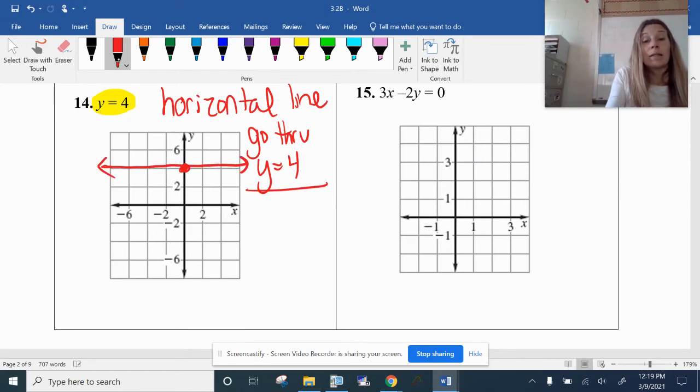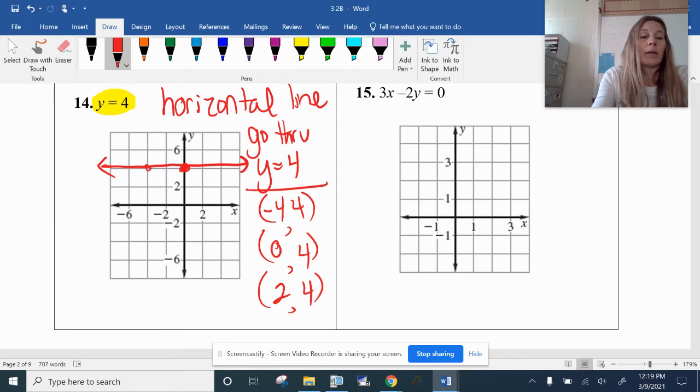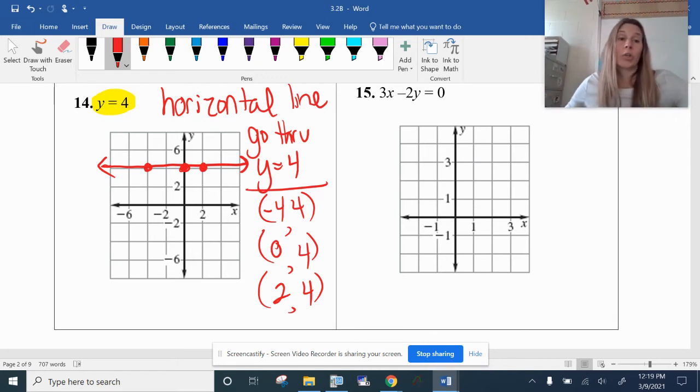Now, it makes sense because every point on this line has a y value of 4. So pick a couple random x values that would fit. So maybe like a -4, I'm going to pick 0 and 2. So -4, 4 would be here. 0, 4 is the one that we plotted, and then 2, 4. And notice that that horizontal line starts to emerge.